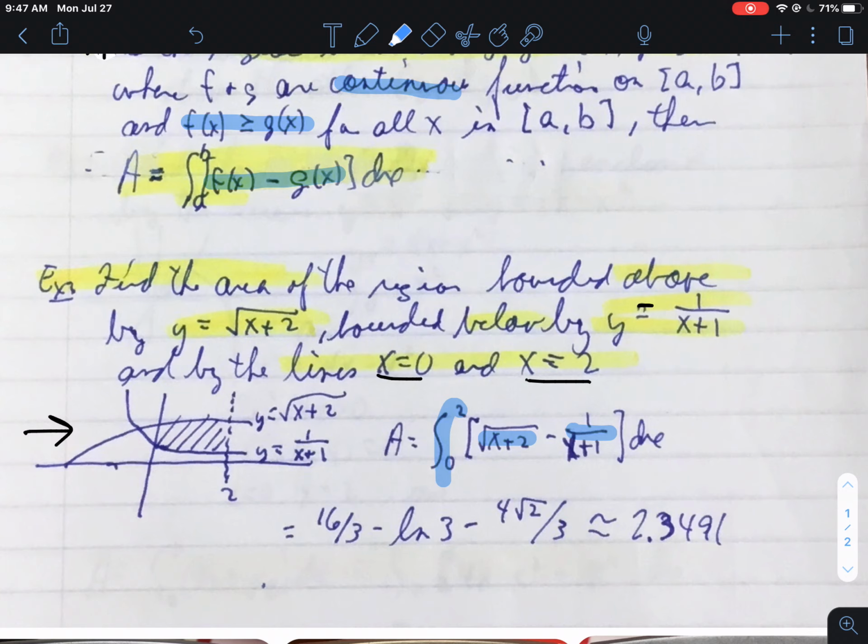Now, for these, I am going to allow you to set up the integral and then use your calculator to calculate the value of the integral. In other words, I'm not going to require that you go through and do the integration, because these get a little bit ugly, and for some of the integrals we're going to run into, you don't actually have a process for finding an antiderivative yet.